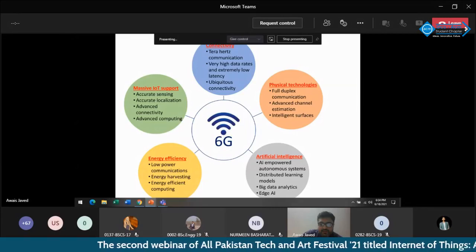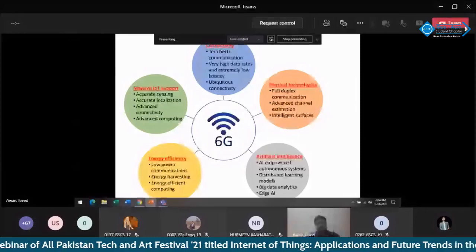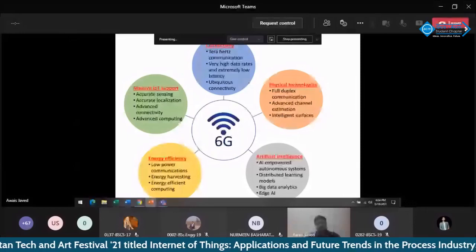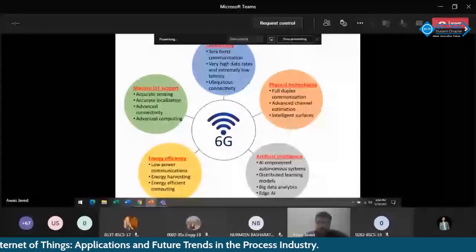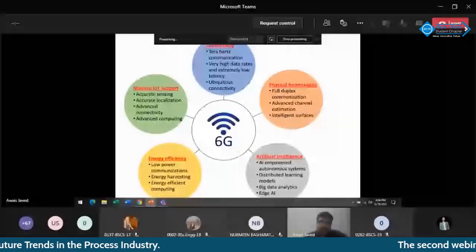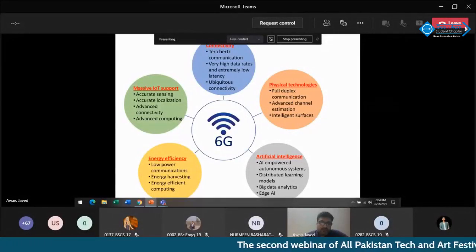6G provides key features such as advanced connectivity. It provides some novel physical technologies, and it provides advanced artificial intelligence techniques. It also provides energy efficient communication, energy efficient computing, and energy harvesting techniques.